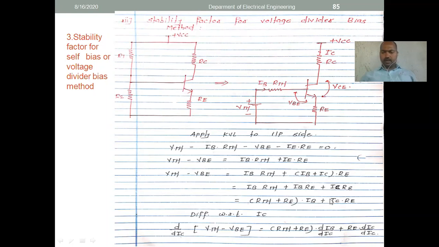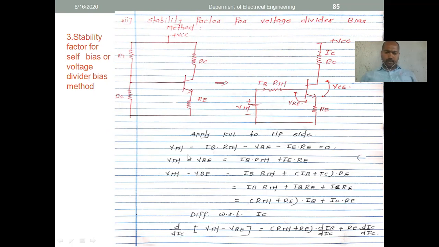Now see, for the calculation of the stability factor, we differentiate this equation with respect to IC. So this is VTH minus VB, which is equal to RTH plus RE into IB plus IC into RE.